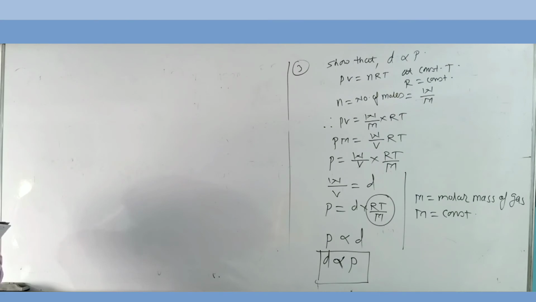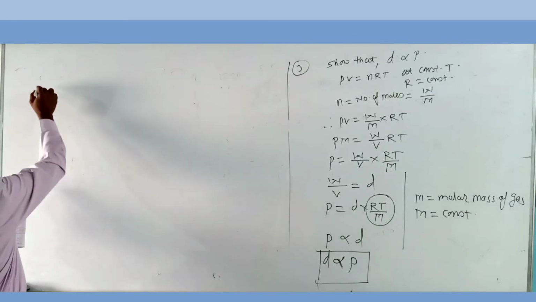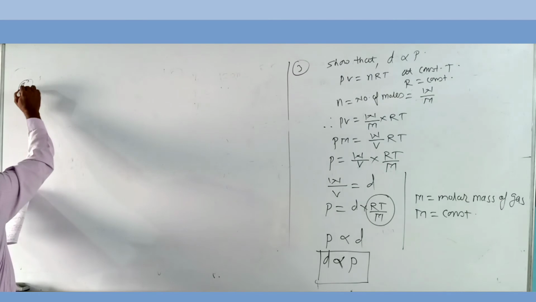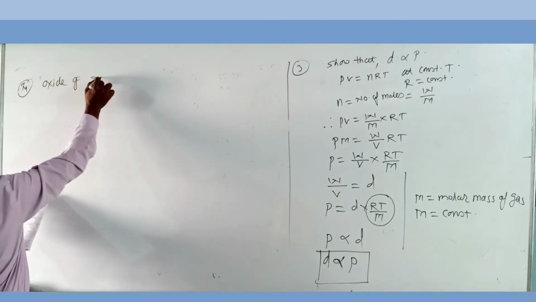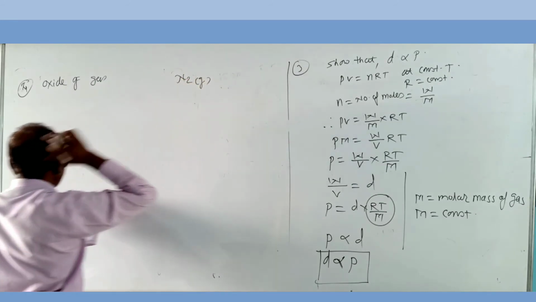What is the molecular mass of the oxide? Means here, oxide of gas, and here nitrogen gas.